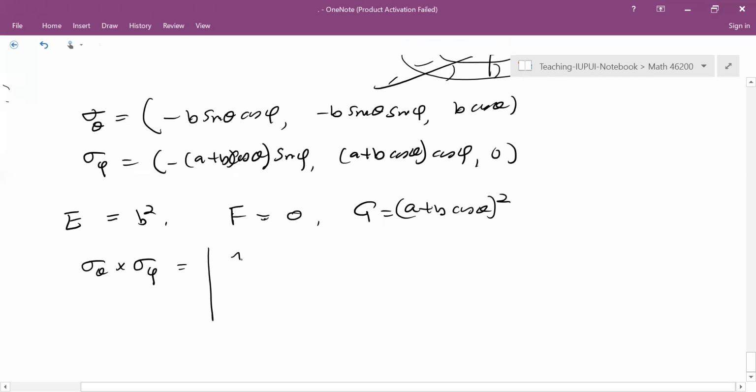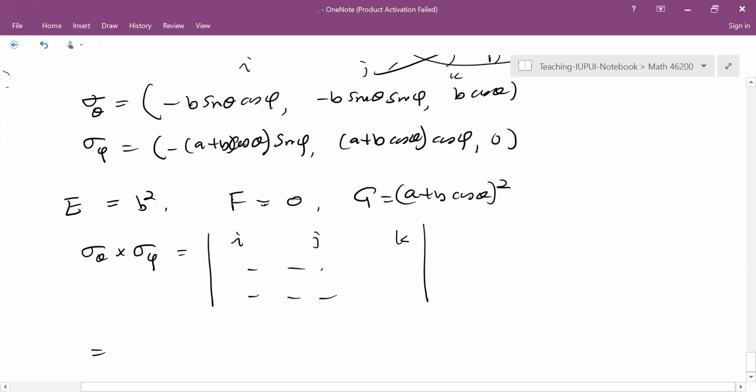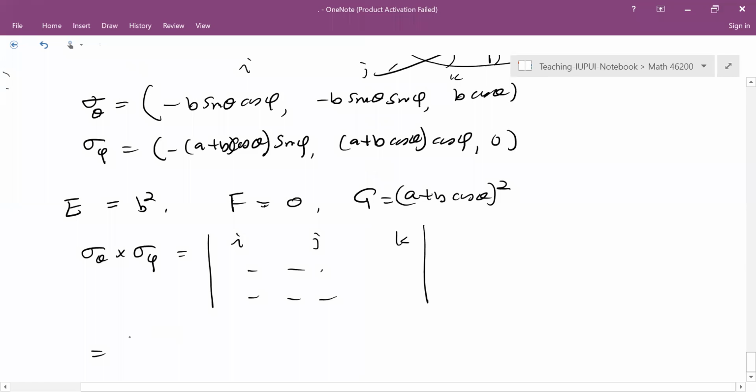Let's finish this part. So I, J, K, I'm going to put, this is sigma, it's negative, right? Maybe I just put I, J, K here on the top. So the first one is going to be negative b cosine theta, a plus b cosine theta cosine phi, because just look at this matrix, right? Then you look at the matrix in the middle.